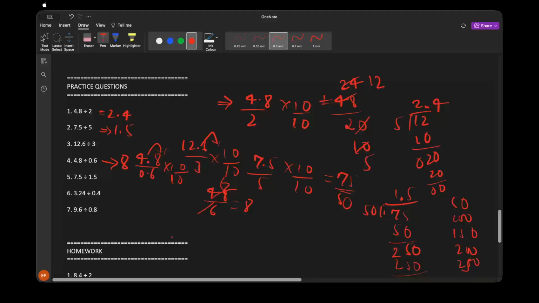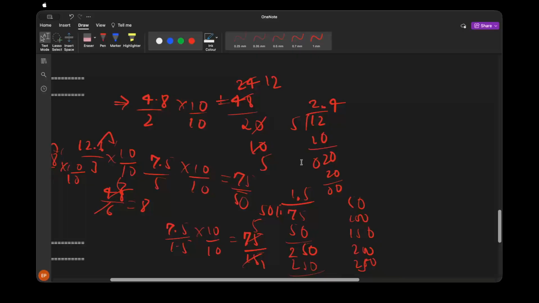Here we did 7.5 by 1.5, both having one digit, so multiply by 10. 75 divided by 15, 15 ones are 15, 15 5s are 75, so the answer is 5.